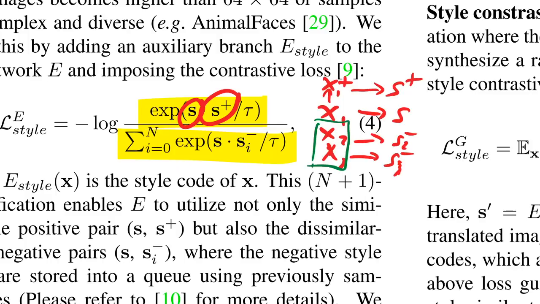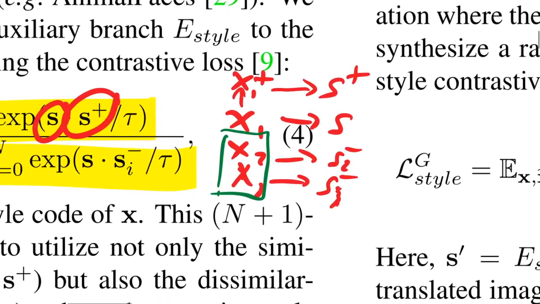So now what we'll require is that the S, the style code of our image, is closer to the style code of its augmented version. So the same principle again. We'll say that these augmentations don't really change anything about the style. Now this argument is a bit more wonky, but if you think of random crops and random flips, they don't really change anything about the fur color or so of a cat.